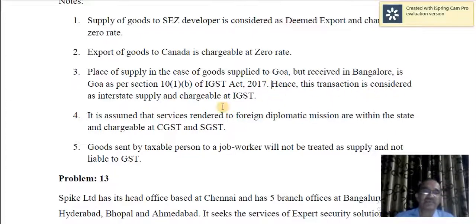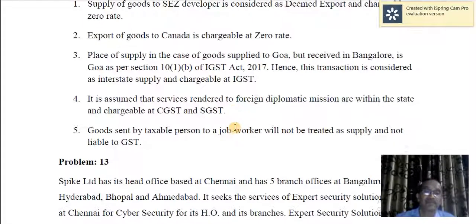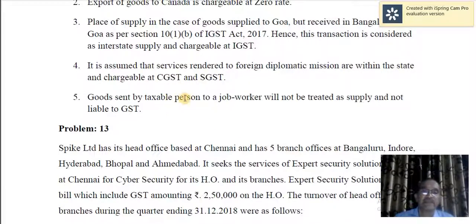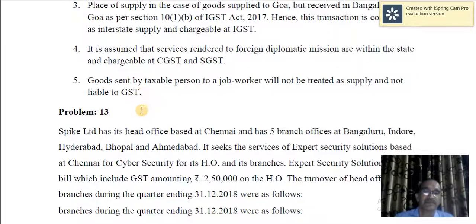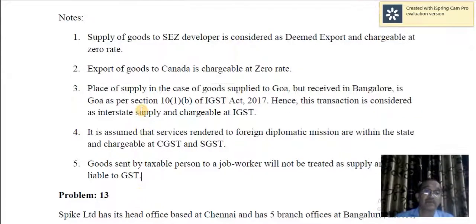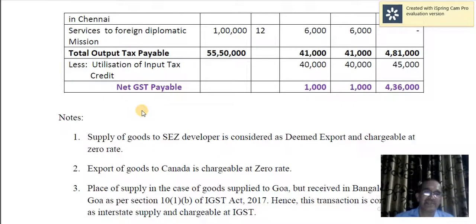Hence, this transaction is considered as interstate supply and chargeable at IGST. It is assumed that services rendered to foreign diplomatic mission are within the state and chargeable at CGST and SGST. Goods sent by a taxable person to a job worker will not be treated as supply and not liable to GST. Okay, this is about the problem which you have analyzed.